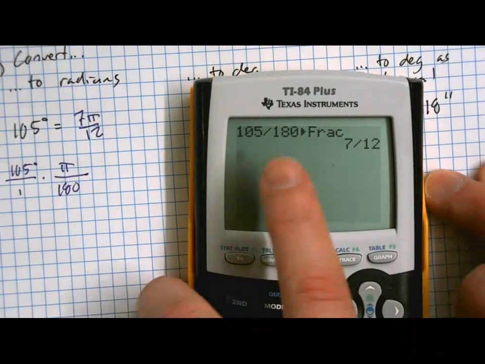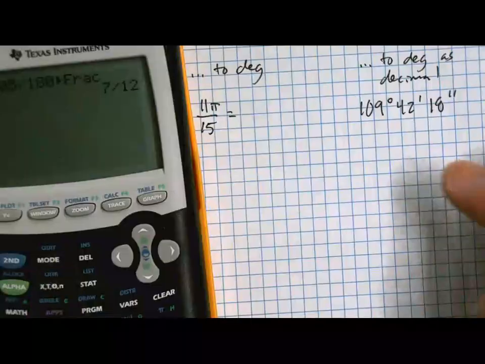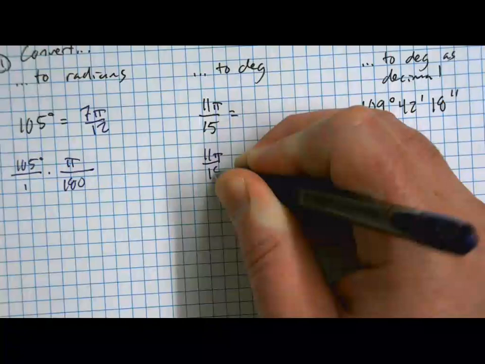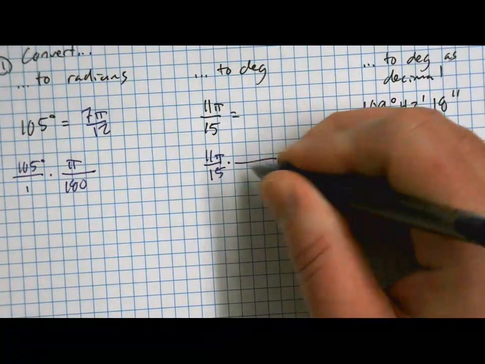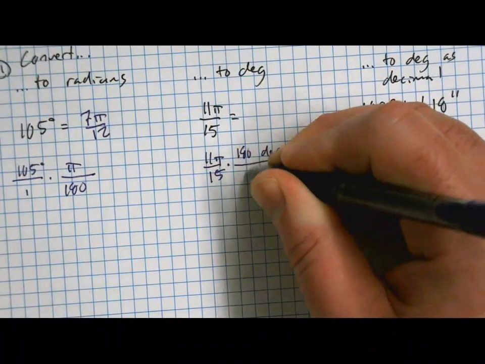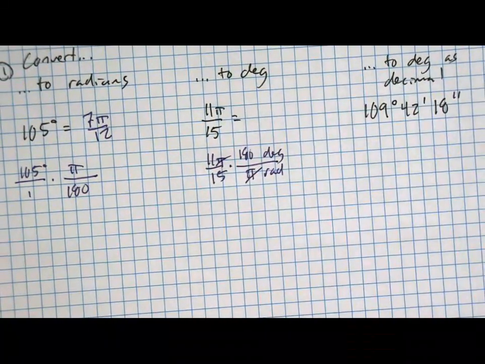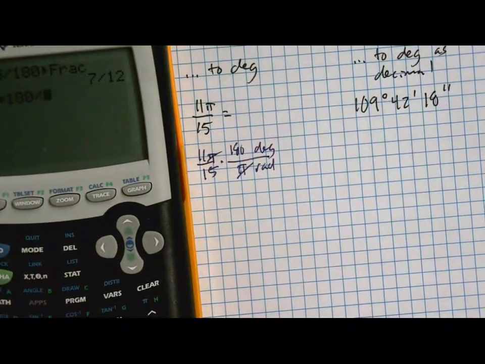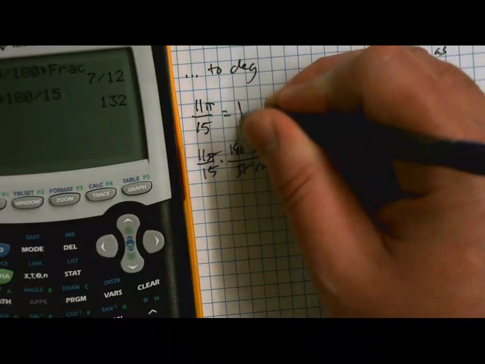7 pi over 12 for the first one. 11 pi over 15. So I want to multiply, that's radians, so I want radians down here, degrees up here, so 180 and pi's cancel. 11 times 180 over 15. 132 degrees.